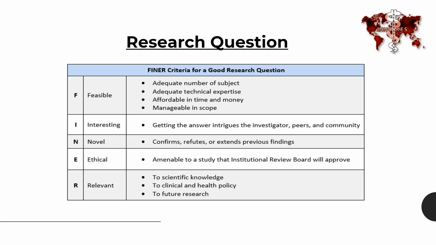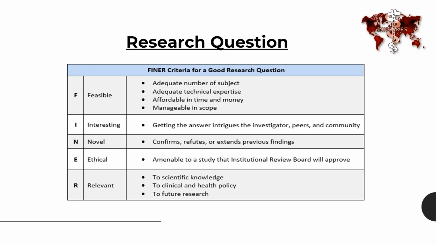I means interesting, as the research question has to get answers that are interesting for the investigator, peers, and community. N is novel, which confirms or extends previous findings. E is ethical, which means the study is amenable to one that the institutional review board will approve.